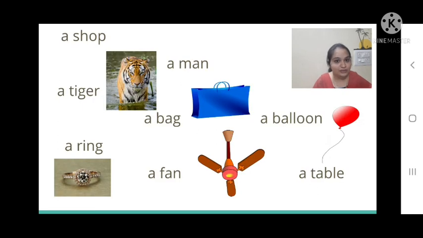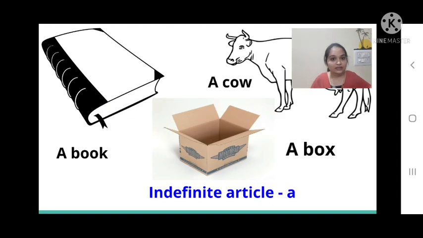Let me give you some examples: a shop, a tiger, a ring, a bag, a fan, a man, a balloon, a table, a book, a cow, a box. Now we know where and when to use the indefinite article a.